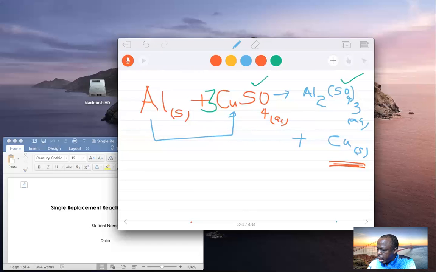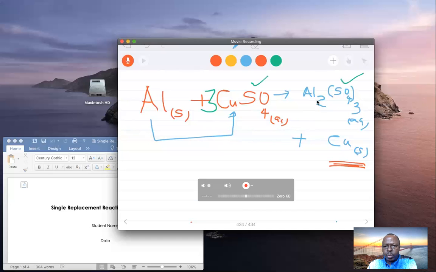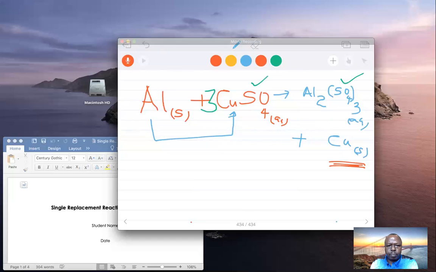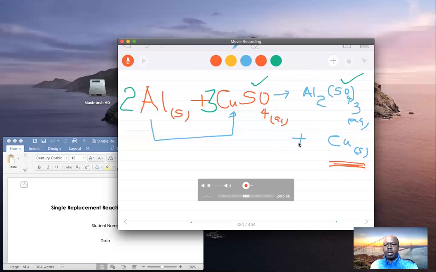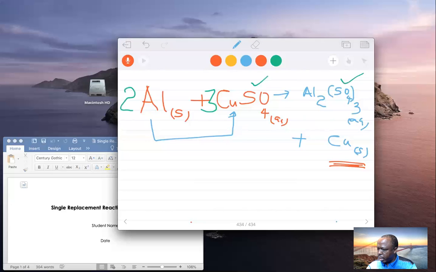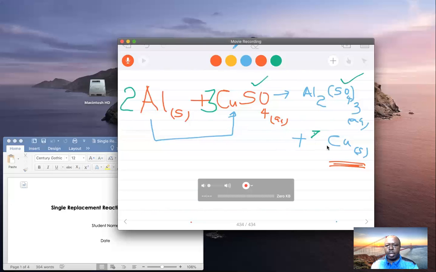Let's see, aluminum here, I do have 2. We need a 2 in front of aluminum. That's how you balance the equation. And here, I do have 1 copper. I need to have a 3 to balance out the copper on either side.